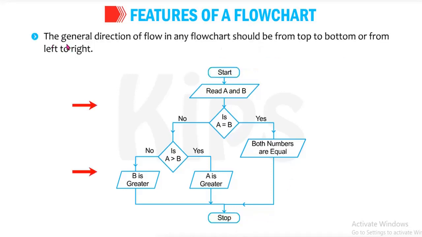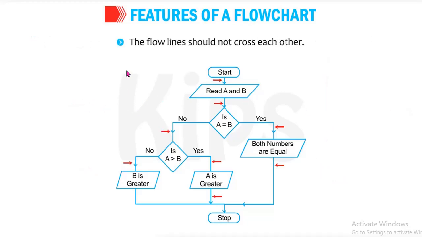Second one is the general direction of flow in any flowchart should be from top to bottom or from right to left. By default or normally we write top to bottom. In some cases we will draw from left to right.